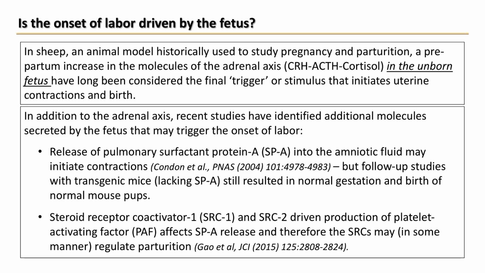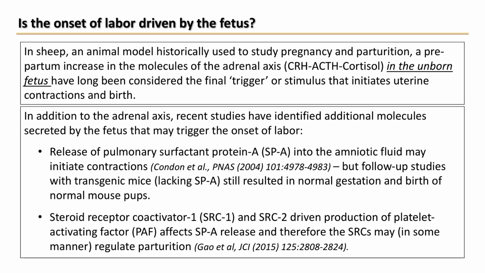Now, a question that remains is what actually determines the onset of labor? Historically, in sheep and other domestic livestock species, it's been relatively well shown that cortisol coming from the fetus is most likely a trigger and potentially the final trigger that stimulates uterine contractions at birth.